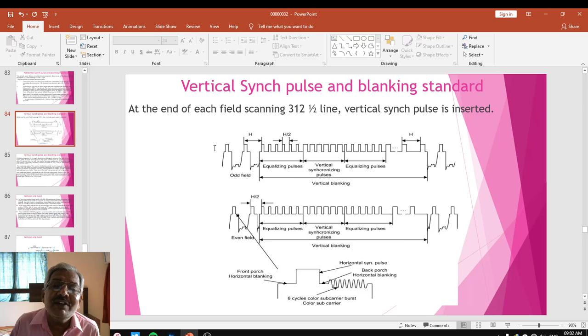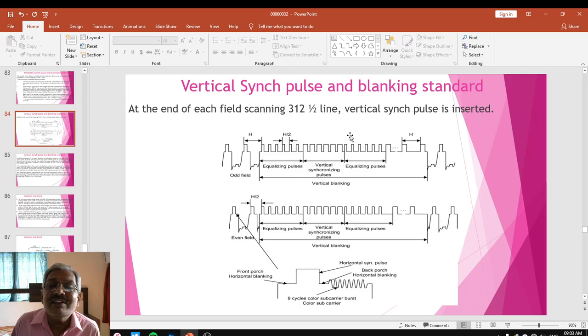Dear friends, we are aware that as far as horizontal blanking standards are considered, this is the horizontal blanking period, front porch, sync pulse and back porch, and this is what is represented. It is called the picture information. So after picture information ends, means at the end of 312 and a half lines, the vertical sync pulse and blanking pulses are introduced.